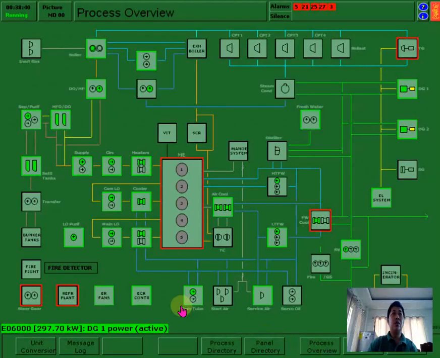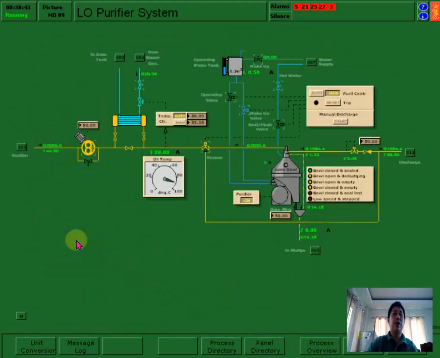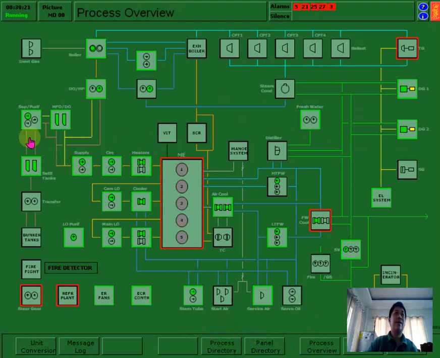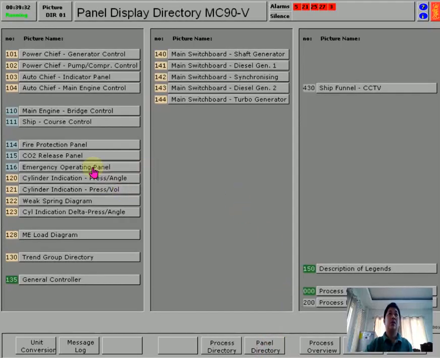So I will stop another machine, the low oil purifier. I will see.